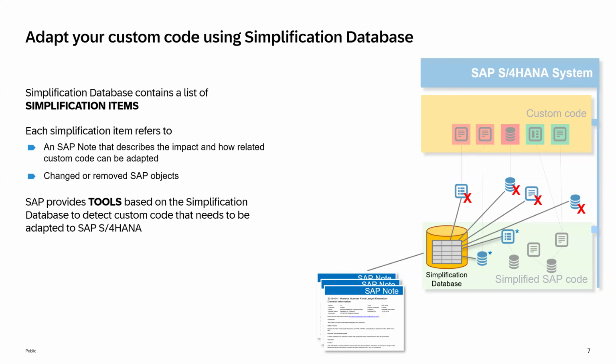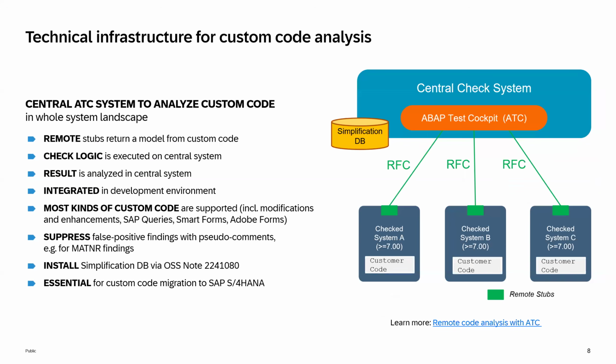And we provide the tools which, based on the information from the simplification database, are capable of analyzing your ABAP custom code and providing information about the issues which need to be adapted for S/4HANA.